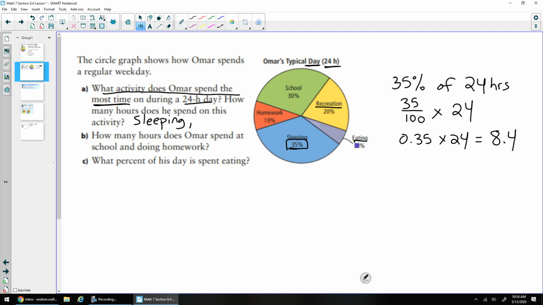So 8.4 is 35% of 24 hours, so he's spending 8.4 hours sleeping. Good for Omar. That's a good amount of sleep to be getting.